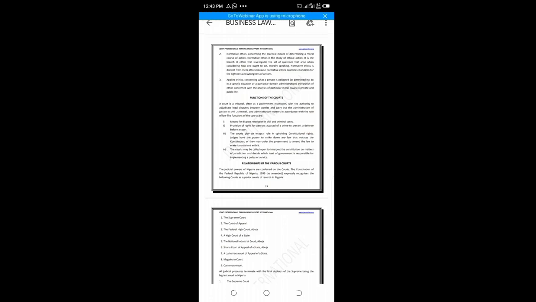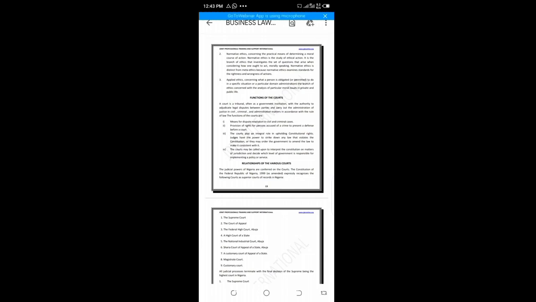Courts are means for dispute resolution, and provide rights for persons accused of a crime to present a defense before a court. The courts play an integral role in upholding constitutional rights.